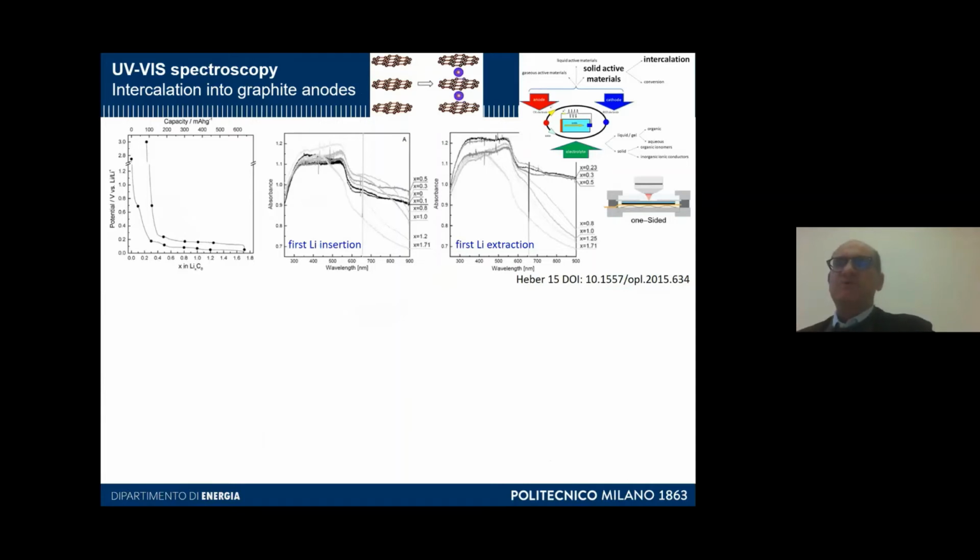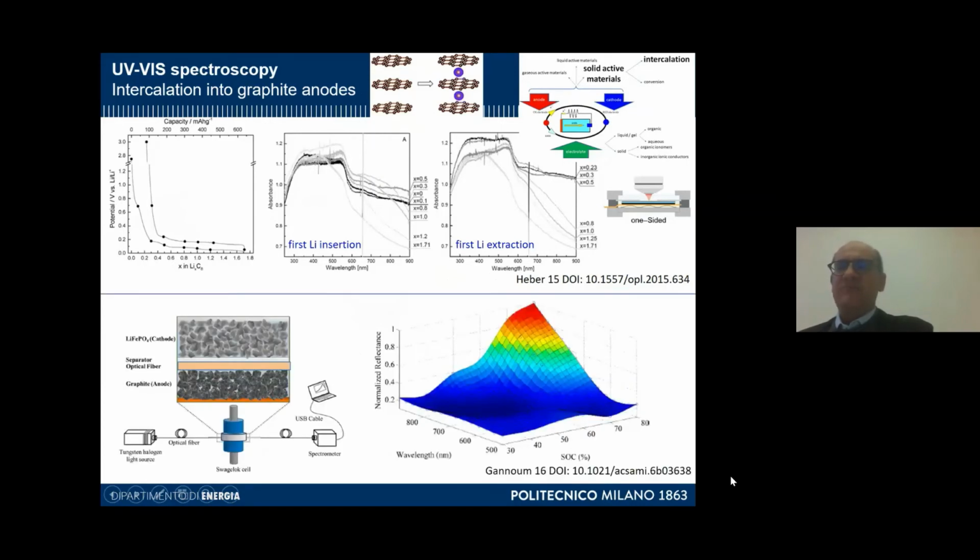The absorption spectrum changes as a function of the degree of intercalation, and the optical response of the anodic material, for example, measured with an optical fiber inserted into the anodic active layer, allows to quantify the state of charge of the electrode.